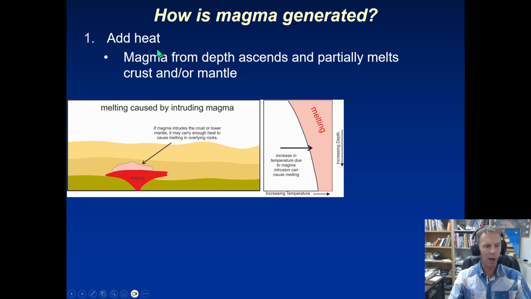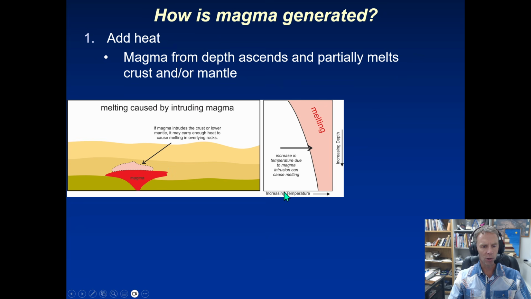Take rocks that are solid, and if you can heat them up enough, you can get those rocks to melt, or at least partially melt, and we'll explain this concept of partial melting in a bit. So if we have a batch of magma that's already formed, we might be able to heat up and melt, or at least partially melt, some of the rocks above it to generate even more magma.